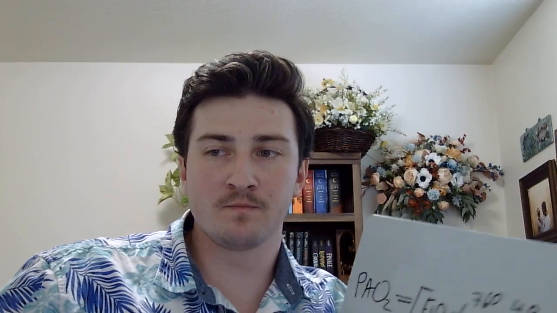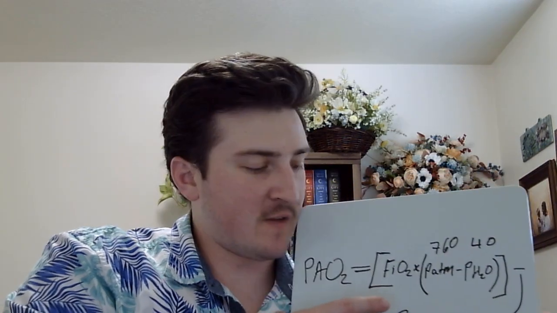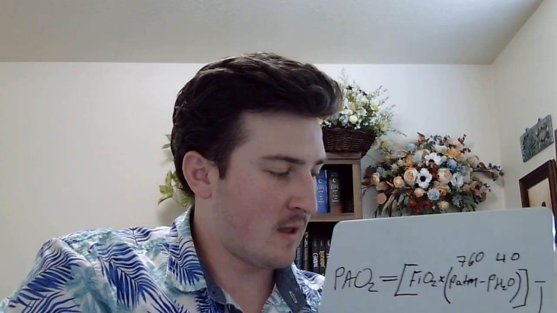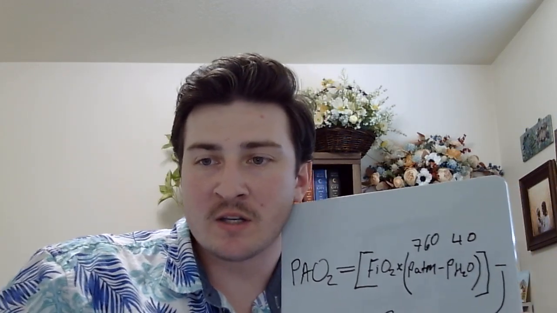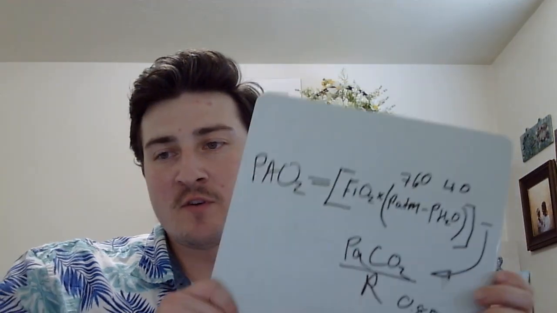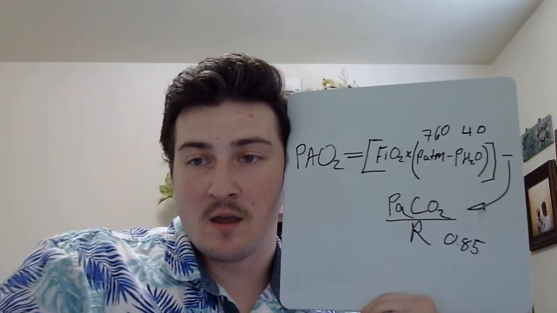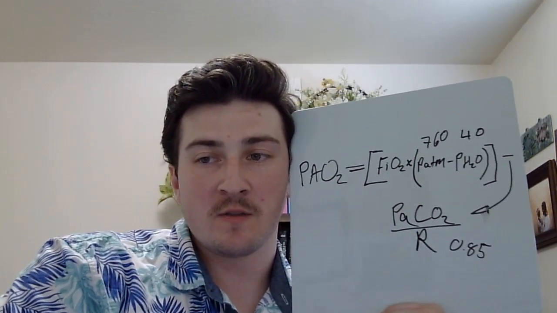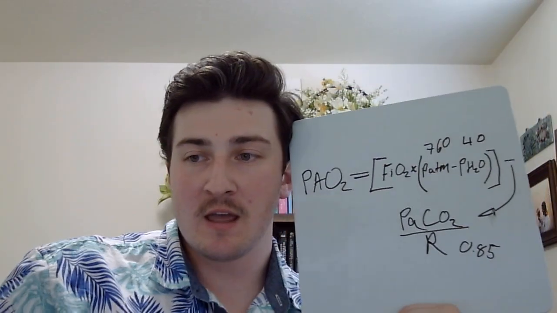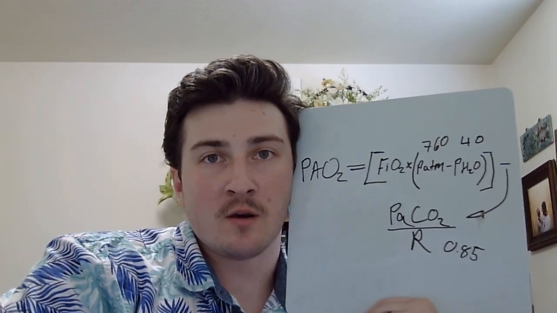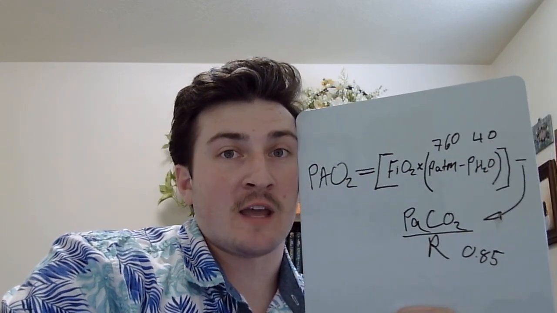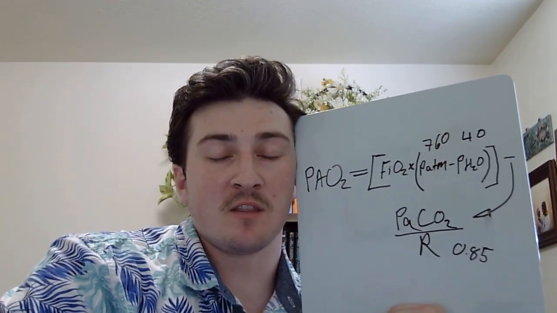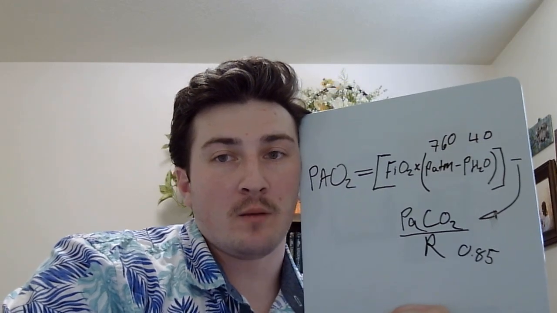If we know the value of the oxygen that we breathe in and the pressure of the CO2 already in our bodies, we can determine how well oxygen is being transferred from the alveoli to the blood. So if there's a lower than expected oxygen that we're breathing in, that might indicate some problems with our alveolar ventilation or diffusion impairment inside of the blood. So that can be quite problematic.